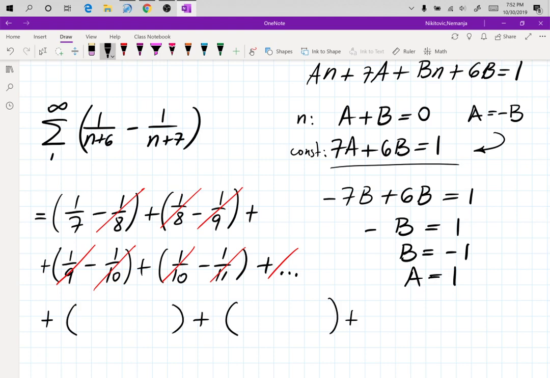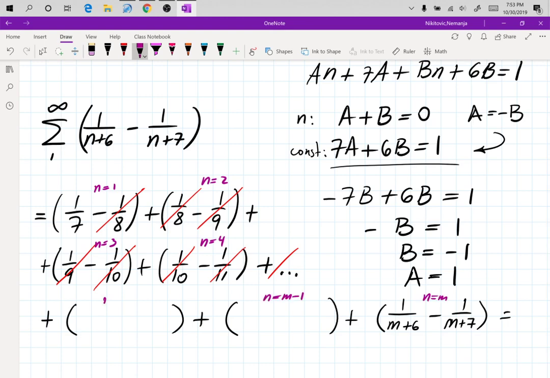So the last one is always the same, as you can use m's, you can use k's, whatever makes you happy. Let me just write. The first term is n is 1, n is 2, n is 3, n is 4. The last term, n is m minus 1, n is m minus 2.